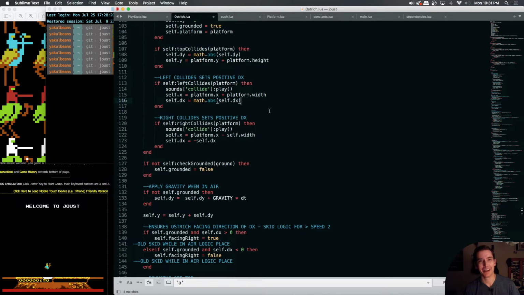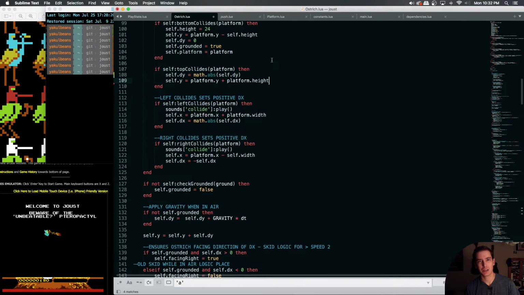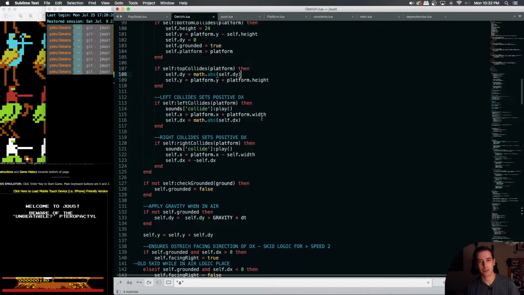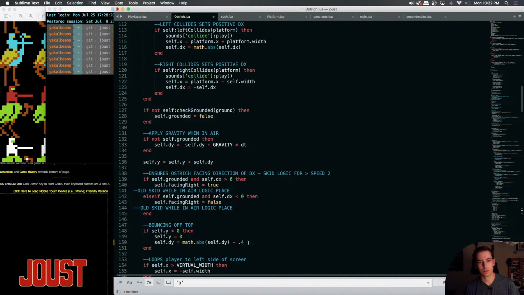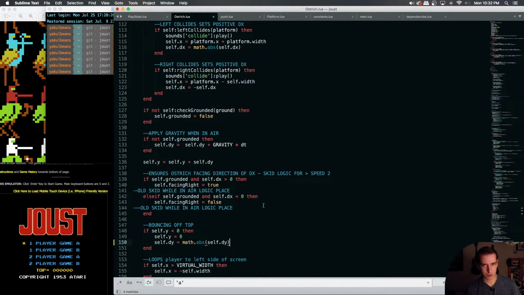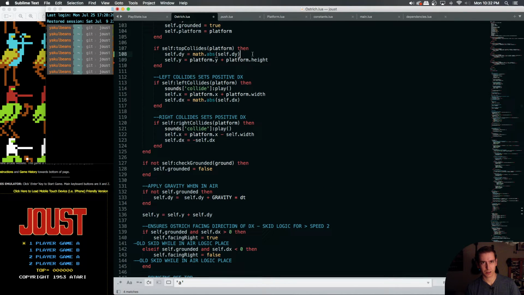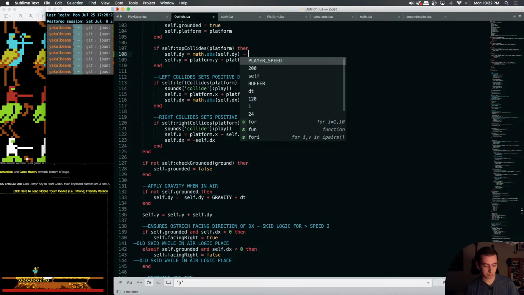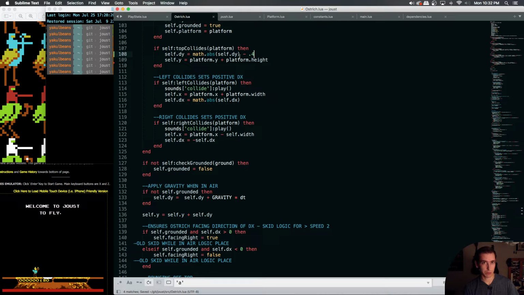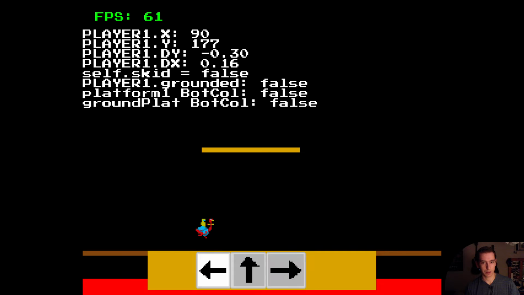Yeah, oops, it should be right here. So, hold on, let me just take this one off for just now. Let me do the correct thing, which is shift this. Self dy gets the positive of dy minus 4 from the jump. So it'll just negate it and then start applying gravity.